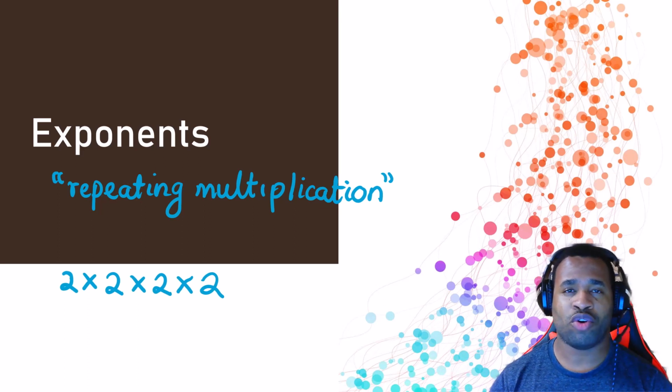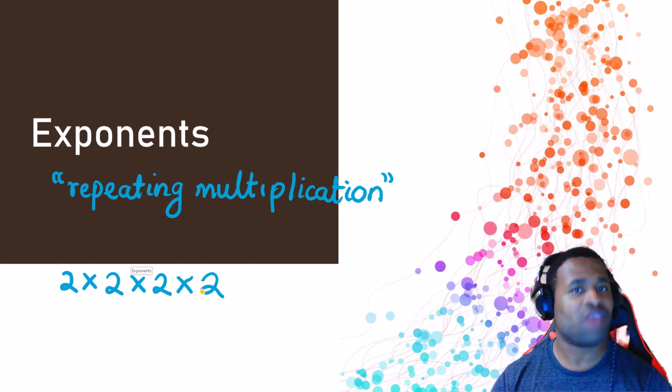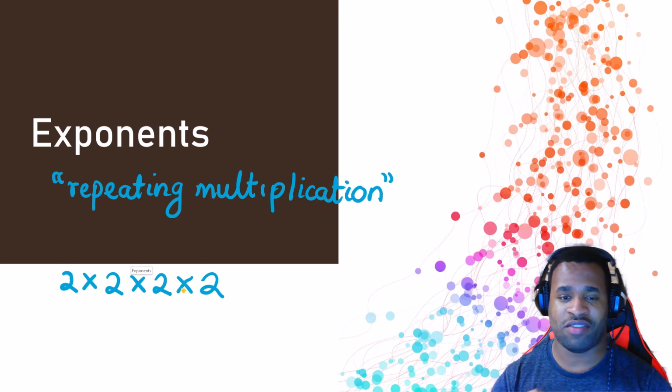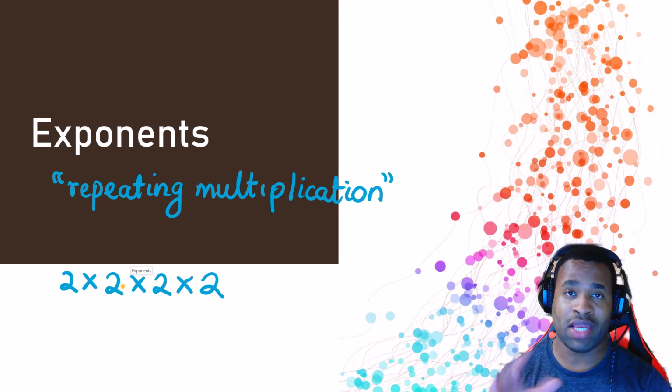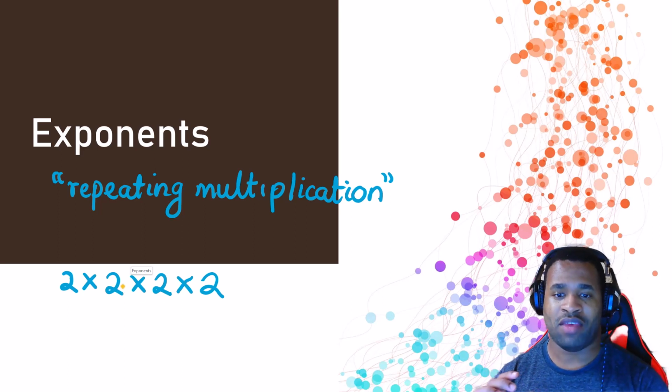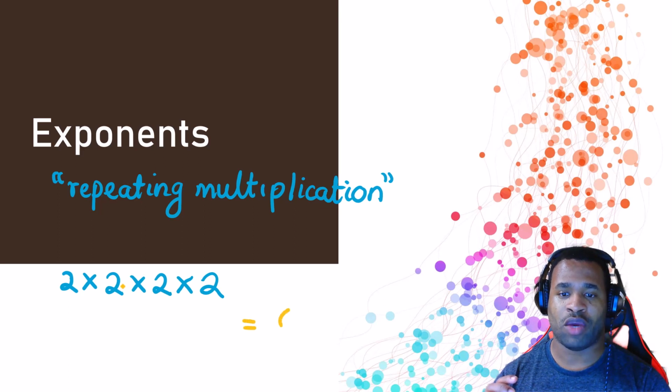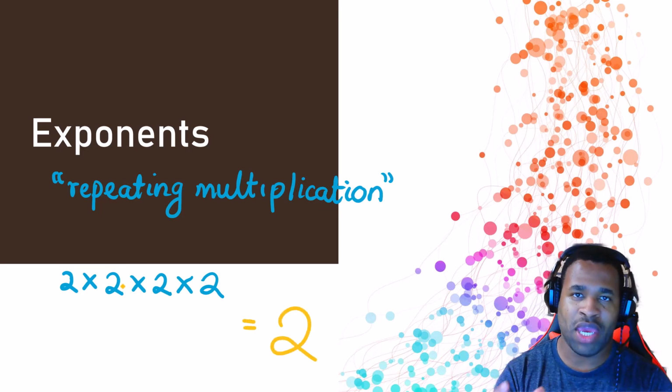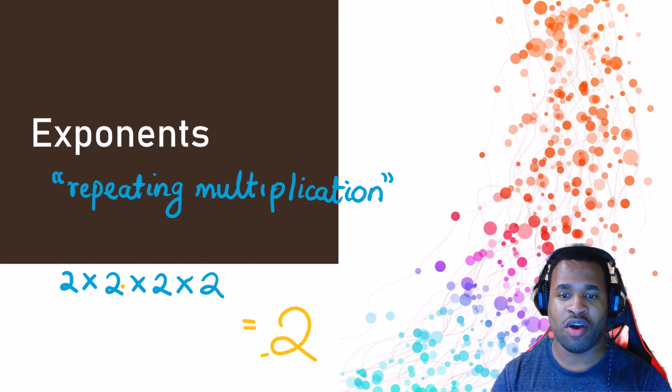Now an example using numbers shows that we have 2 times 2 times 2 times 2. This shows repeating multiplication, and in this case the one number repeating is 2, so we write this as 2 as the big number, which represents the base. Then, how many 2's are you multiplying?